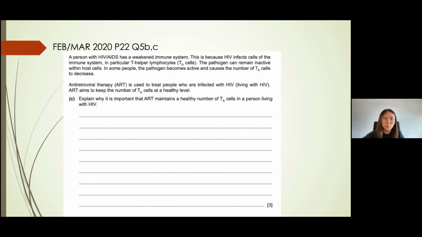So explain why it is important that ART maintains a healthy number of T helper cells in a person living with HIV. This question is actually mixed with chapter 11, immunity.